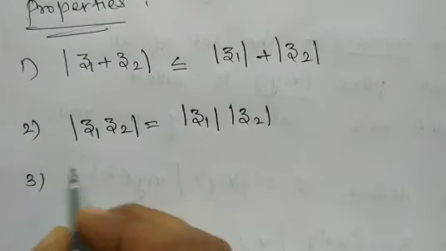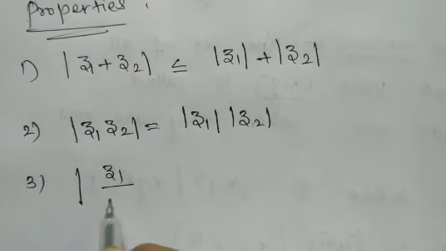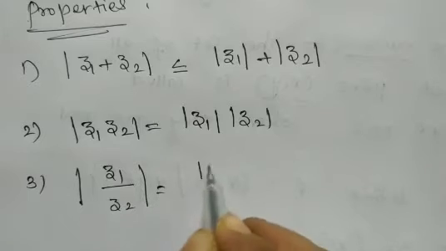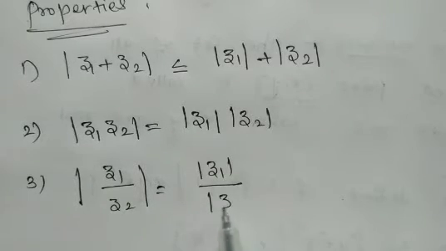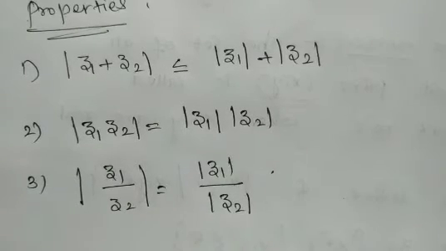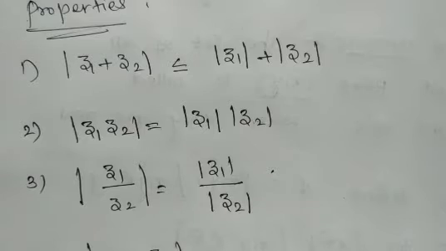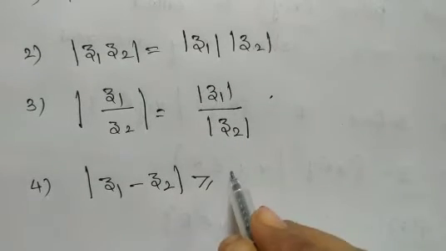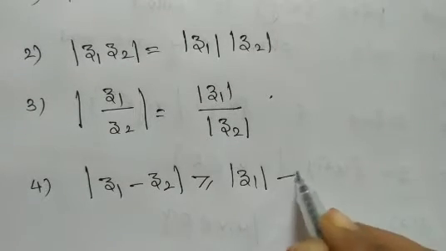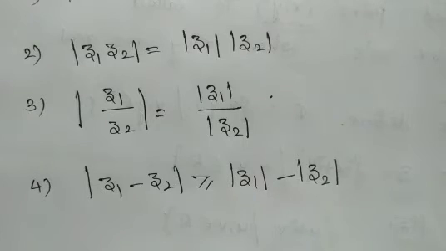Next, third one, modulus of z1 by z2 equal to modulus of z1 by modulus of z2. Next, subtraction, that is modulus of z1 minus z2 greater than or equal to modulus of z1 minus modulus of z2.